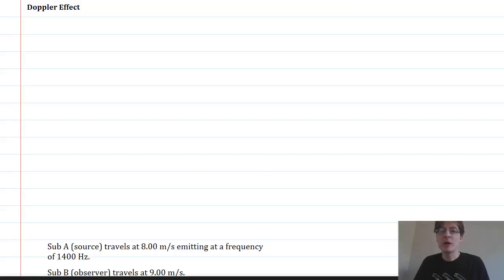Okay, so let's work out in detail the calculation. So here is our source of sound. If it just stayed at rest, it would be emitting waves every time period T. And so time period T in the past, it emitted a wave.